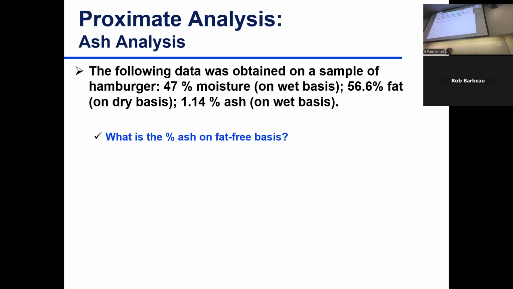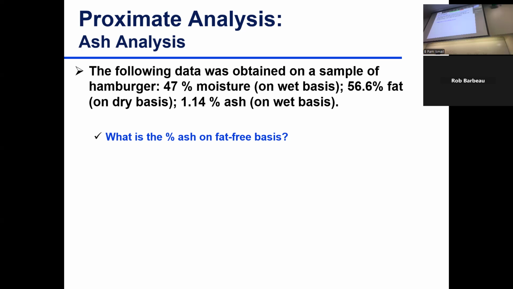So now my ash content is 1.14% on wet basis. I'm not calculating on dry, I'm calculating on fat-free basis. So times 100 over 70.